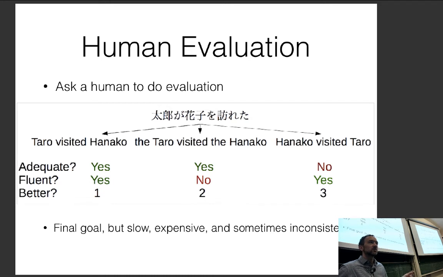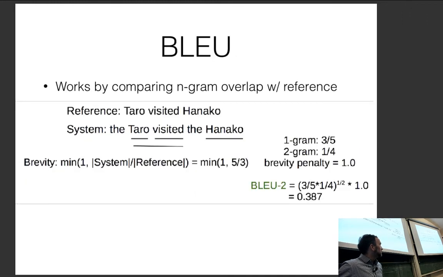So you could also use QA accuracy. I don't think this is in my slides, but this is another thing you could do, some sort of automatic extrinsic evaluation.